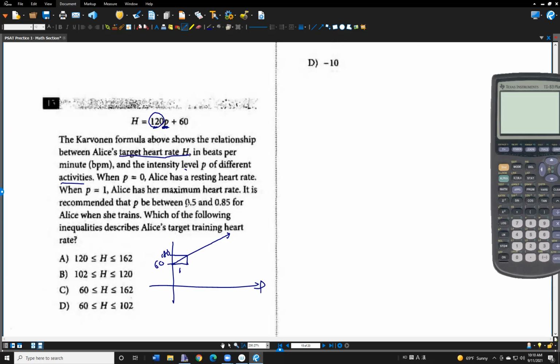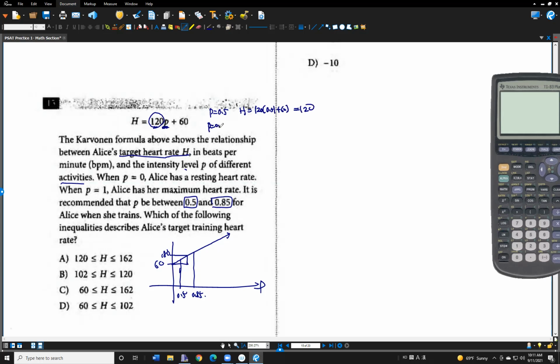So P is between 0.5 and 0.85. So over here, 0.5 to 0.85. What happened to the target heart rate? Put this number 0.5 over here, right? 0.5 is only 120 times 0.5, so 60 increased. So at P is 0.5, target heart rate is 120 times 0.5 plus 60, which is 120, right?